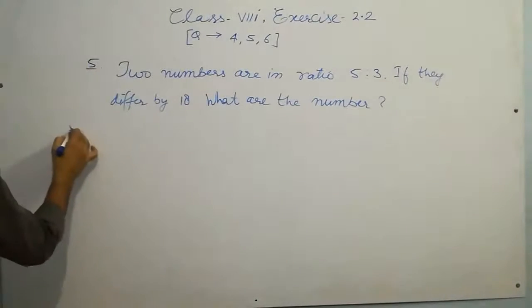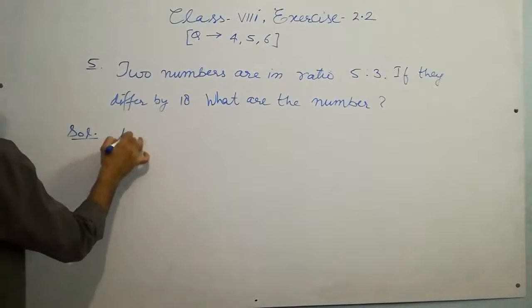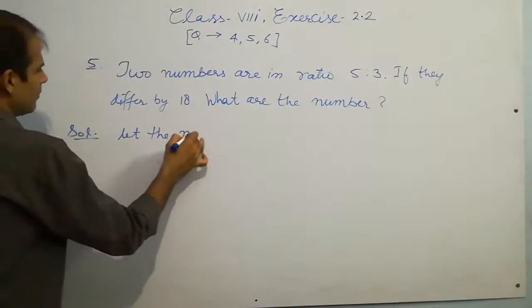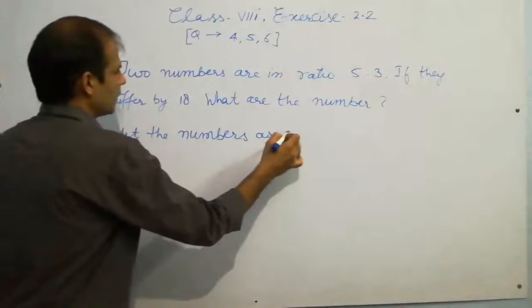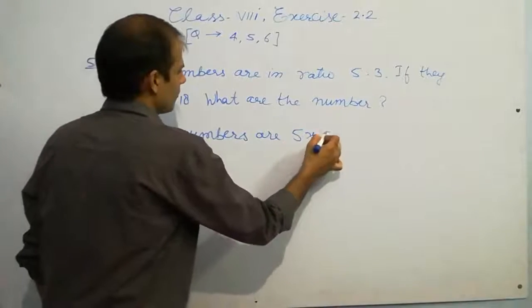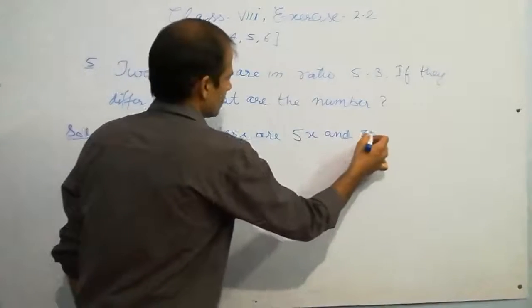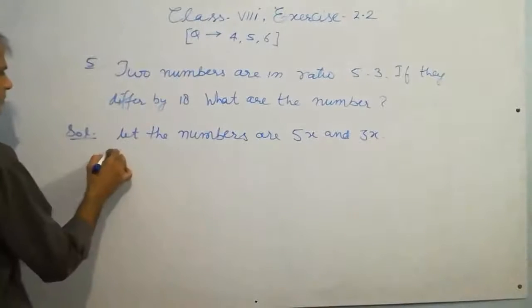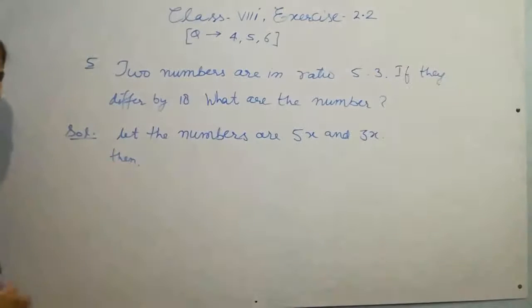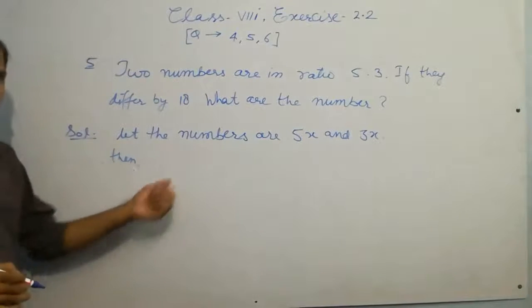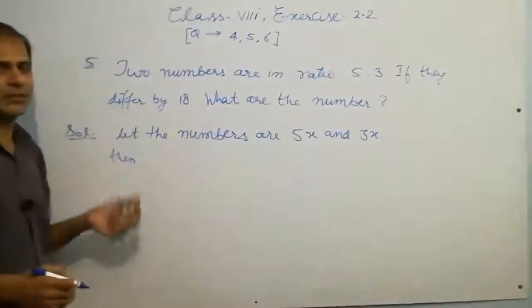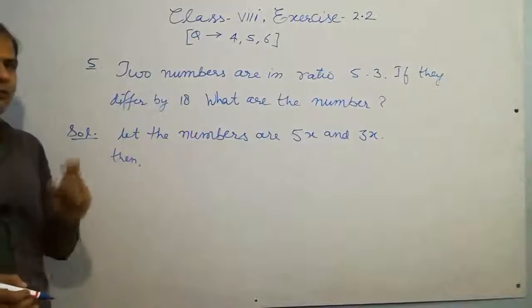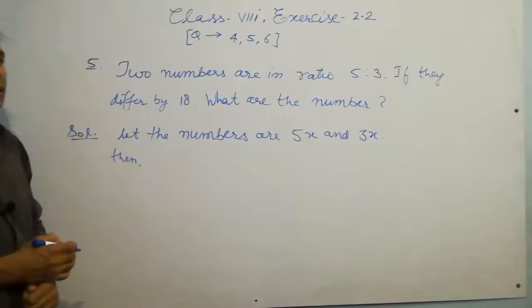Now we will write, let the numbers be 5x and 3x. Then you can also write according to question. If they differ means difference, दो numbers का difference, so differ by 18.